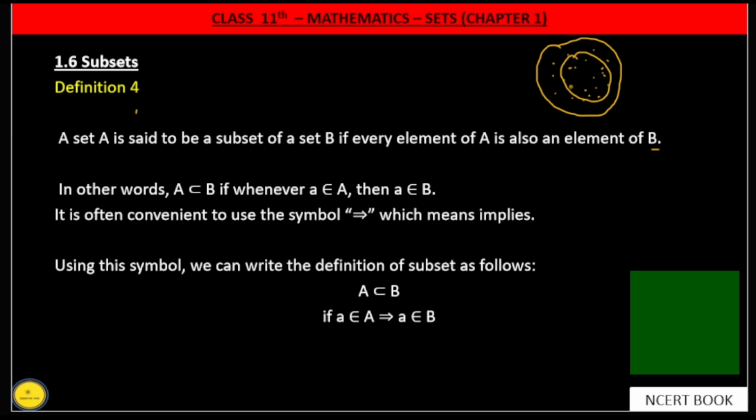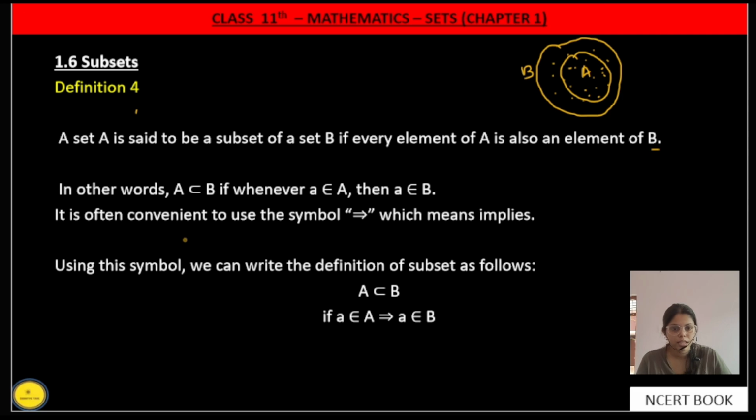So we can say that it is a set A and it is a set B. So set A is a subset of set B because it is inside set B and it contains all elements which are also in B.